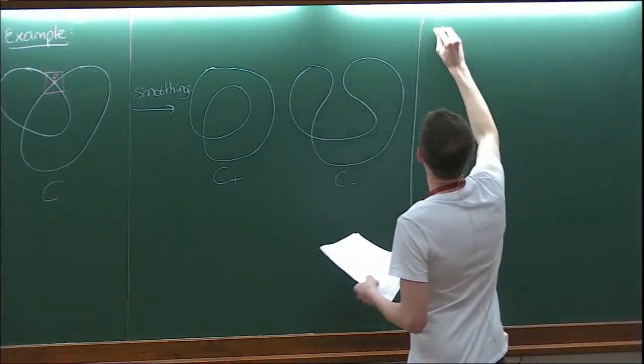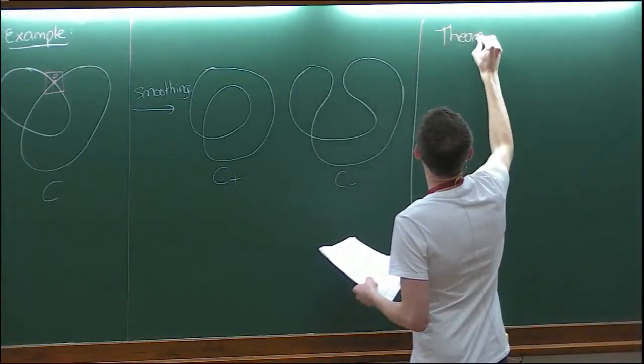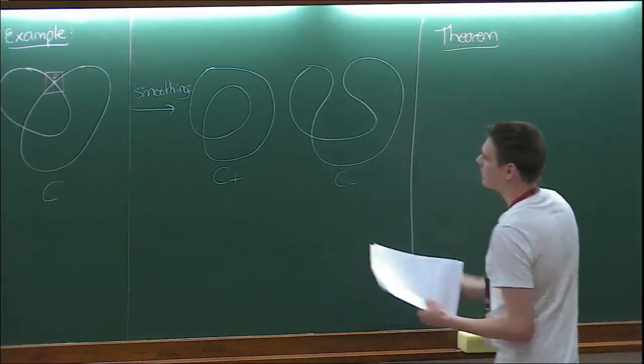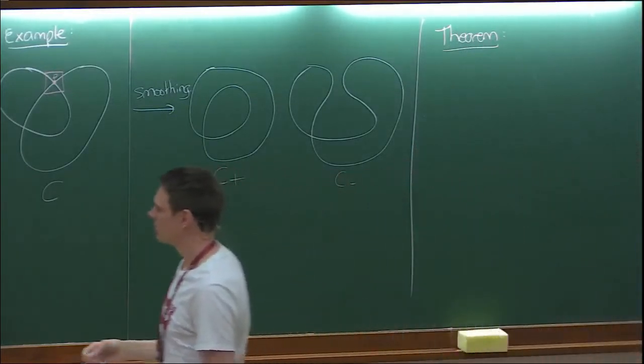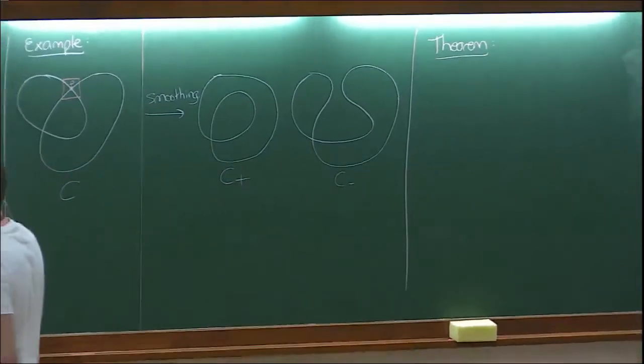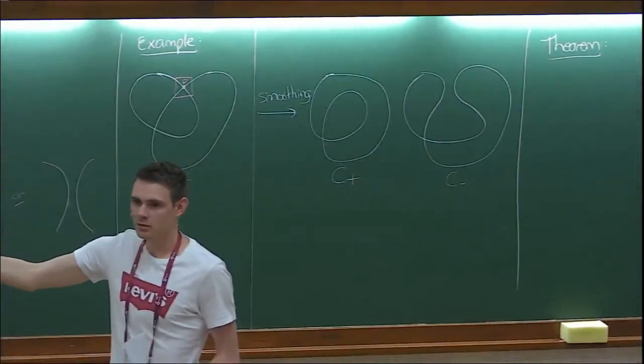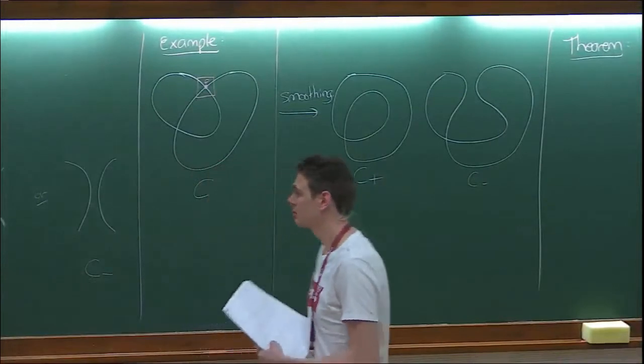Okay. So this is on a very topological level, but we would like to explain these moves in terms of the variables, right?